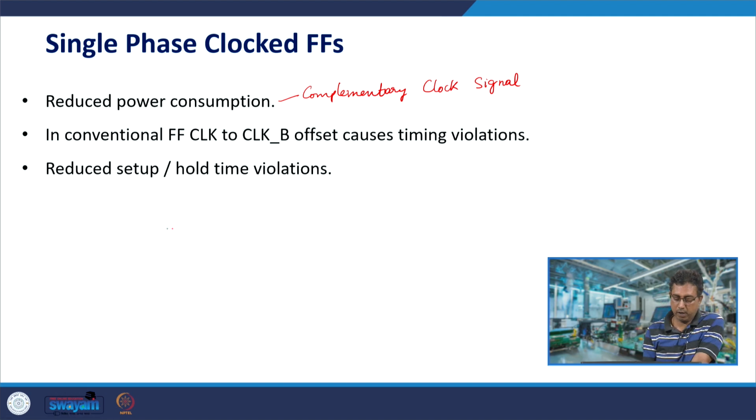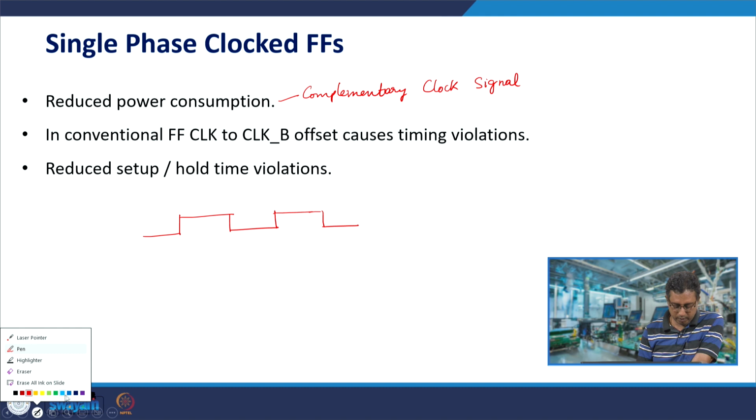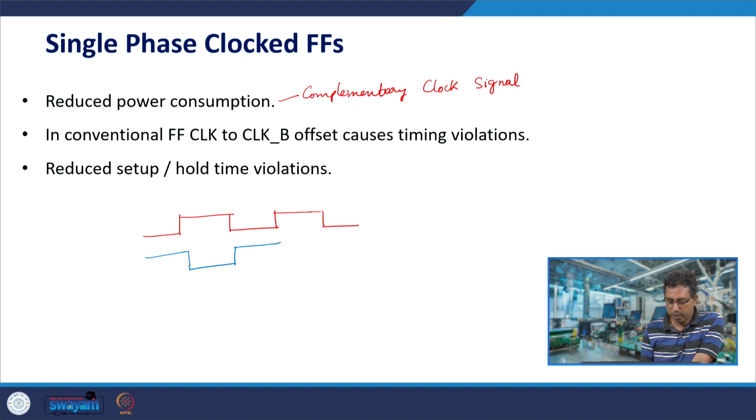If this is the clock signal, and there is this clock complement signal, there can be an offset, because in generation of the clock bar you might have some inverter stages which could cause a delay.